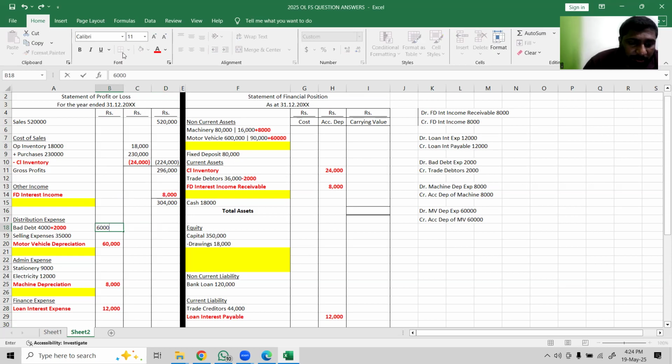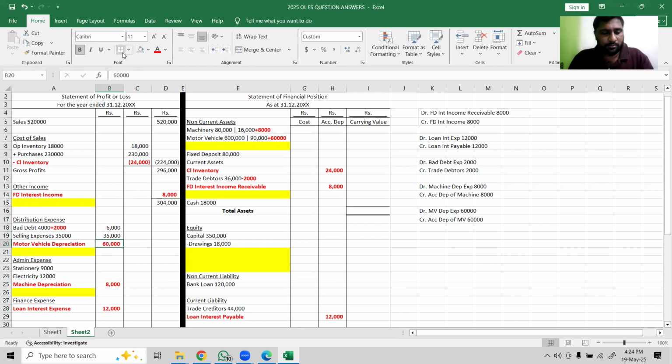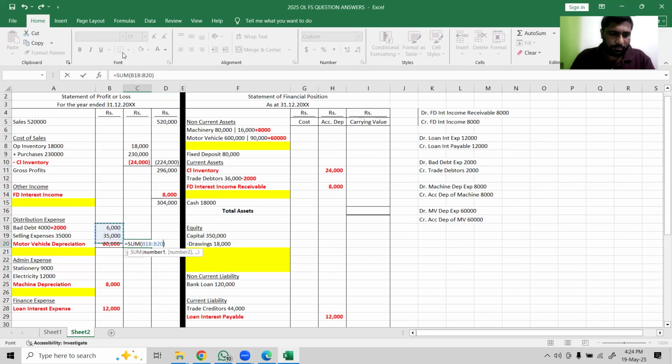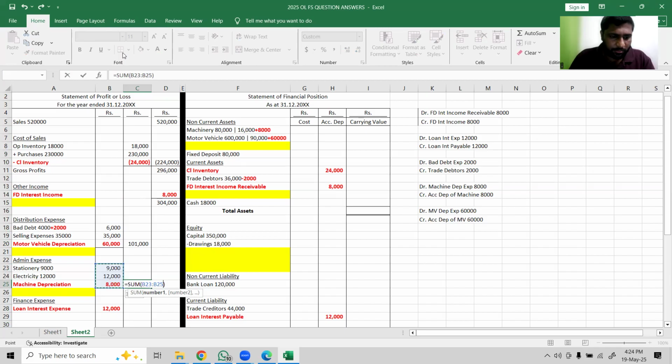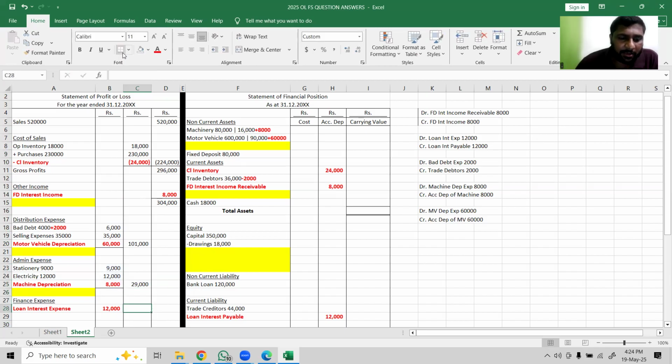Here 6,000. Here 35,000. 101,000. 9,000. 12,000. 29,000.